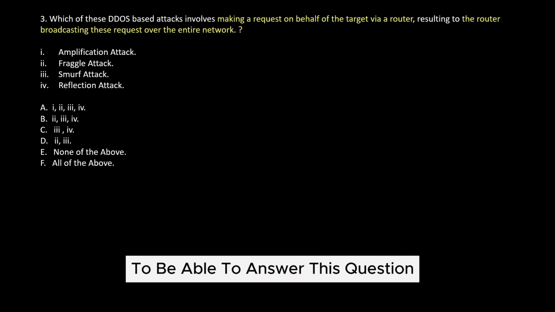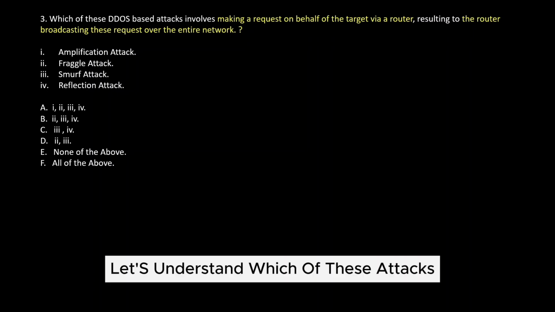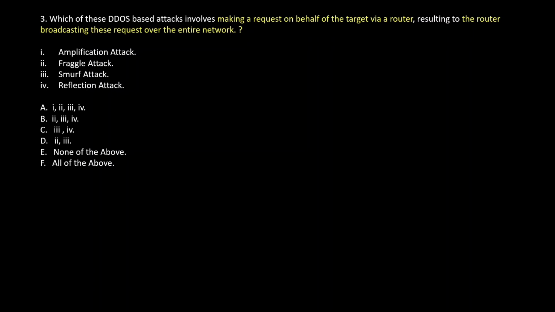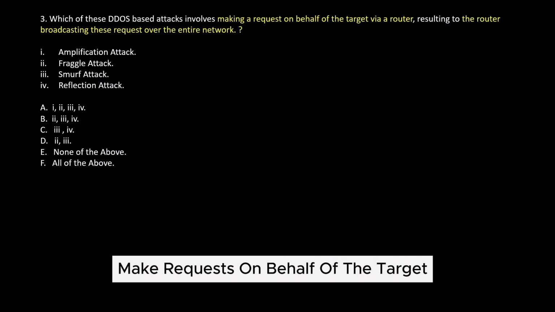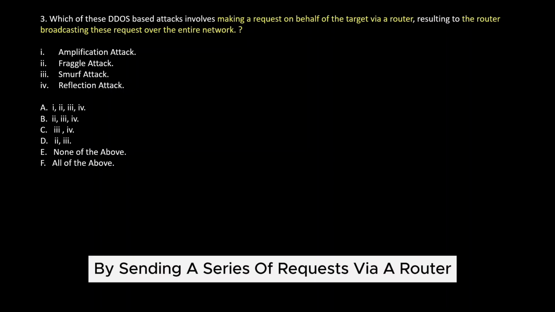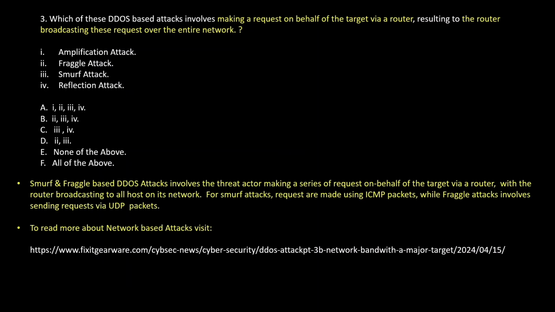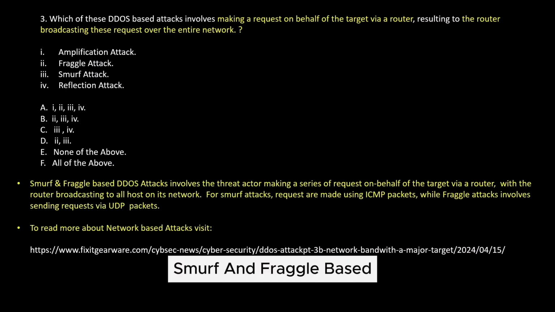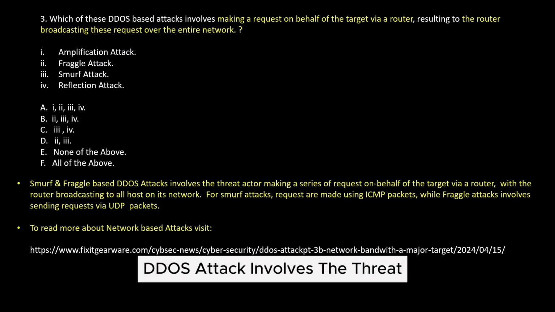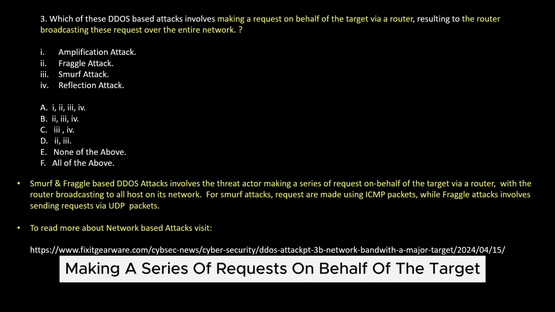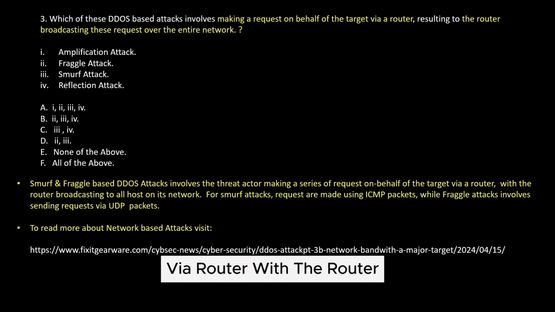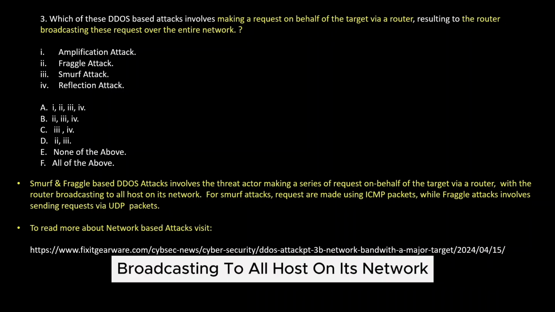To be able to answer this question, let's understand which of these attacks make requests on behalf of the target by sending a series of requests via a router over a network. Smurf and fraggle-based DDoS attacks involve the threat actor making a series of requests on behalf of the target via a router, with the router broadcasting to all hosts on its network.